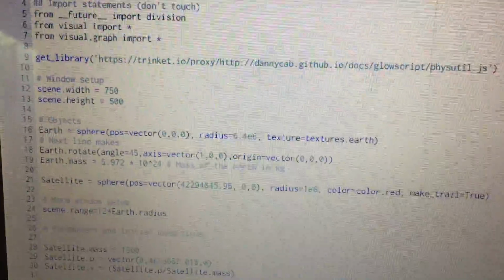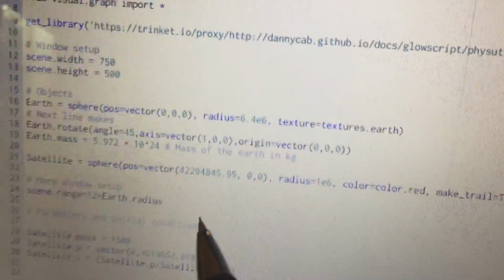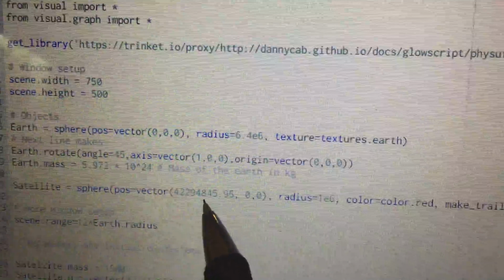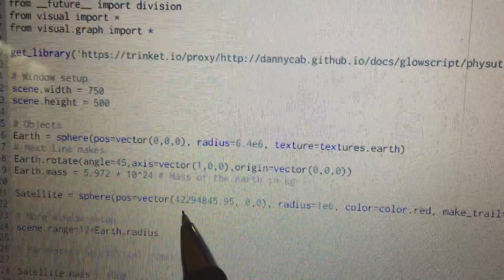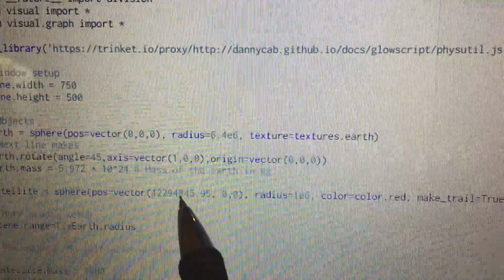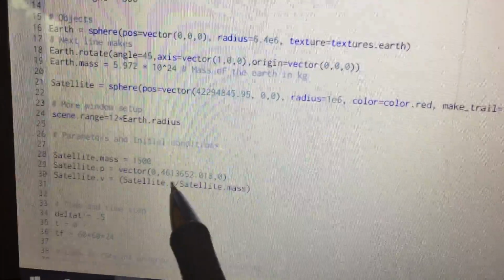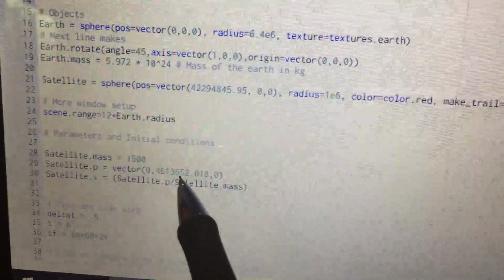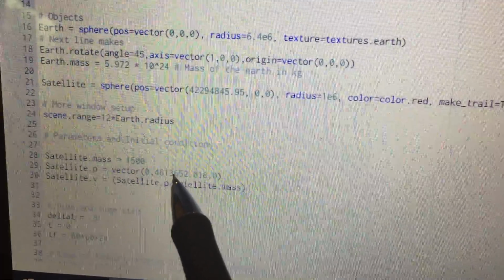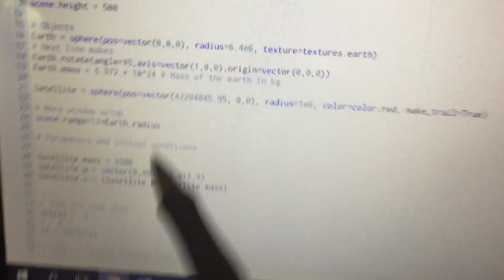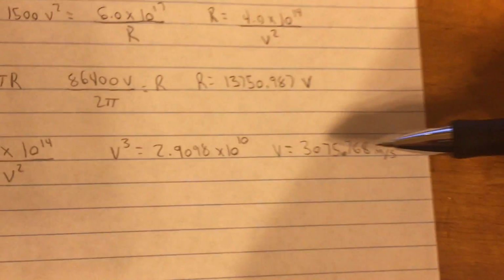So when we go to the model, I put in these parameters: the satellite starting position in the x, which is the distance from the center of the Earth, and the momentum needed for the velocity of the satellite to be this number here.